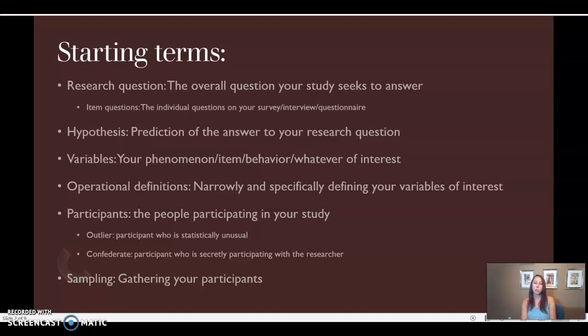The variable is your phenomena, item, behavior, whatever you're interested in. So a variable is just another fancy name for the thing that you're studying. So if I'm saying, does exercise influence happiness? My variables that I'm looking at are exercise and happiness.